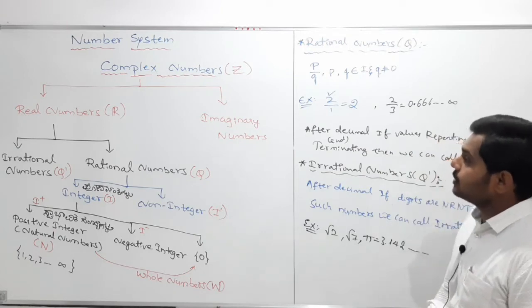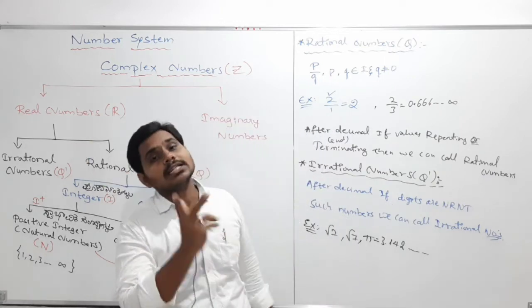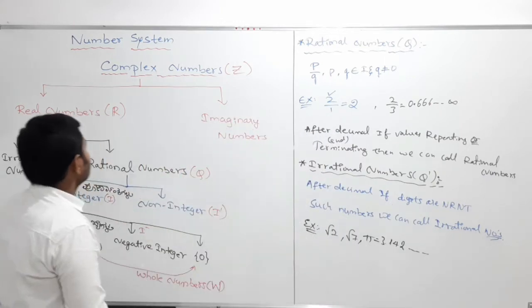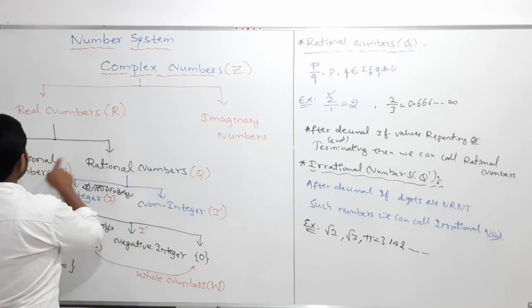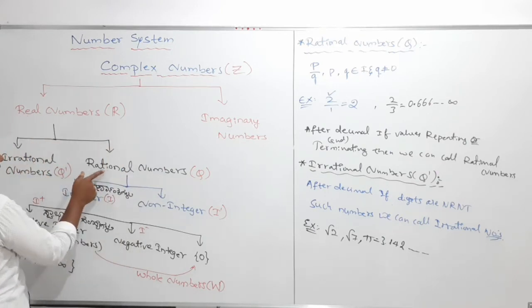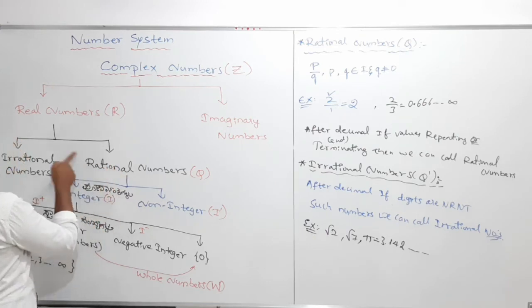Now we will discuss, my dear students, what is meant by real numbers. Real numbers are nothing but the combination of both rational and irrational numbers.